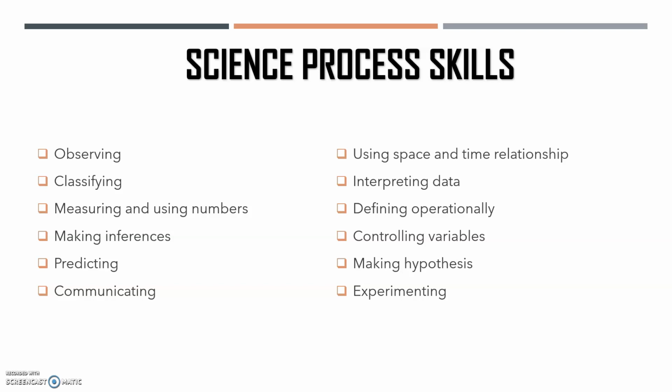Controlling variables is identifying all variables that can affect the result of an experiment. A variable is manipulated to observe its relationship with the responding variable. The other variables are kept constant. So there are 3 types of variables.